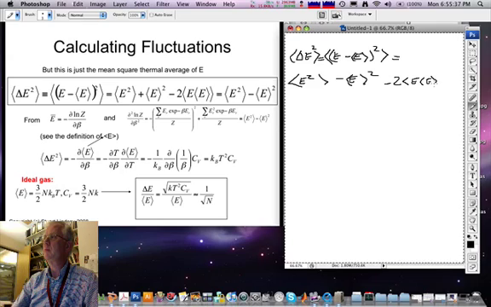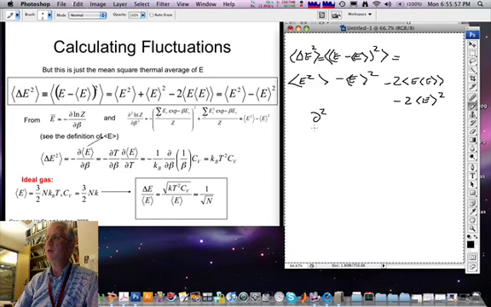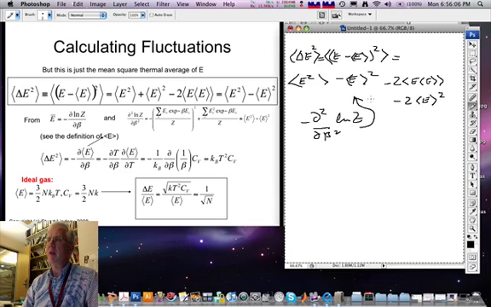But this is nothing more than the thermal average of E squared minus the thermal average energy squared. So we see then that indeed delta E squared is given by d2 by d beta squared of the log of the partition function. Okay, so now we have a general expression for the fluctuations in energy of a system.